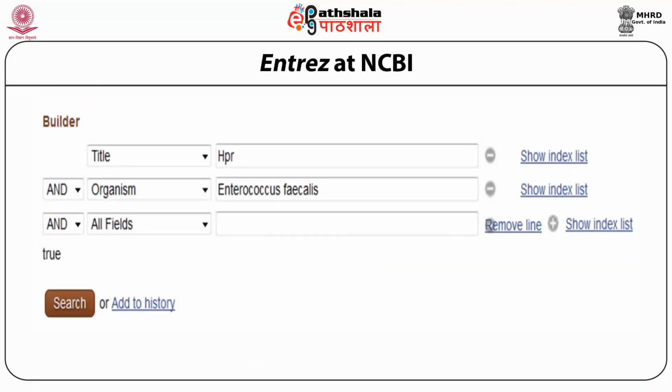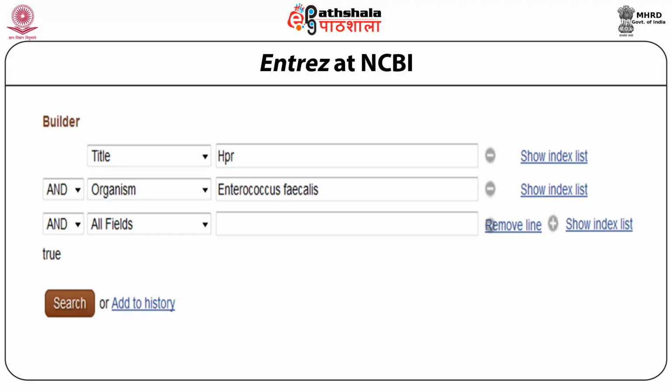In the Builder section of the ensuing page, select fields to search and enter data values to be matched. First, select title as field and enter HPR as value. Then select organism as field and enter Enterococcus faecalis as value. Now click on the search button.